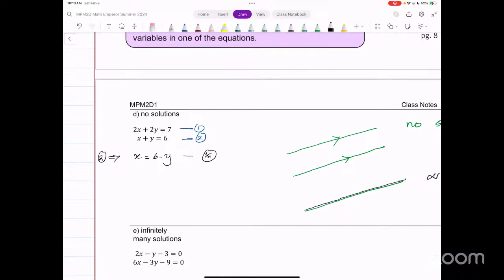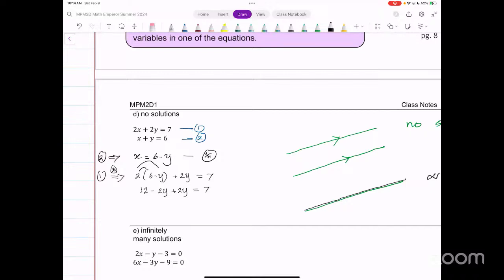So from 1, we're going to use the result of the star. That says replace the x by 6 minus y. So 2 times (6 minus y) plus 2y is equal to 7. Nishal, are you following that? Yes. 6 times 2 is? 2 times y is?